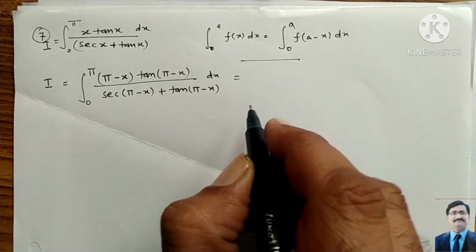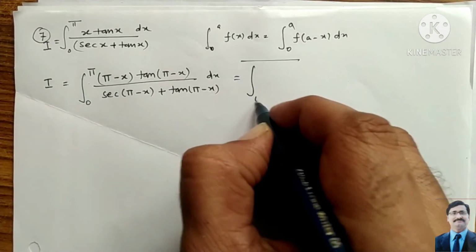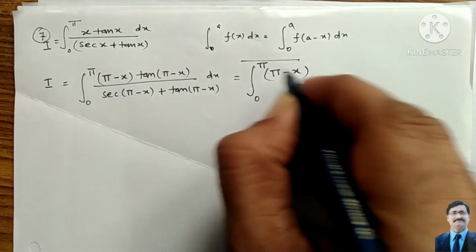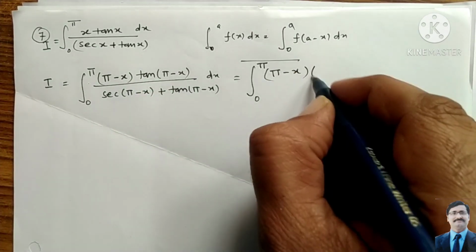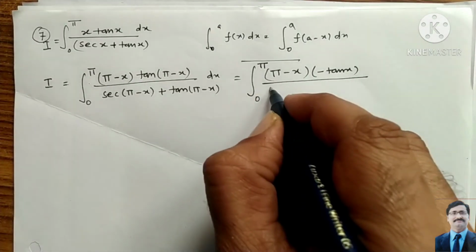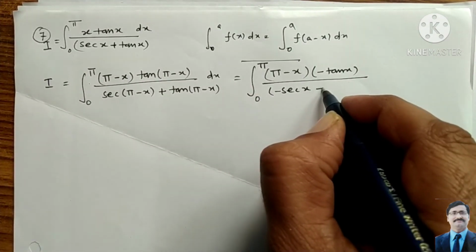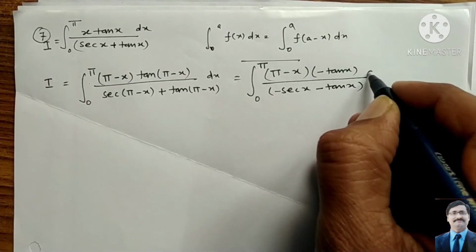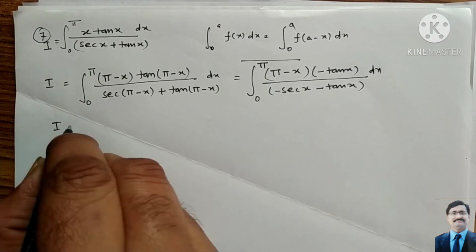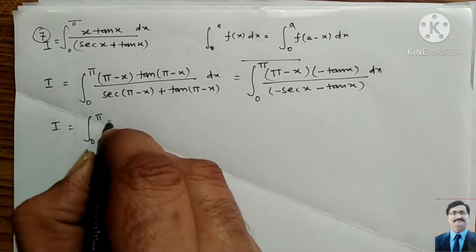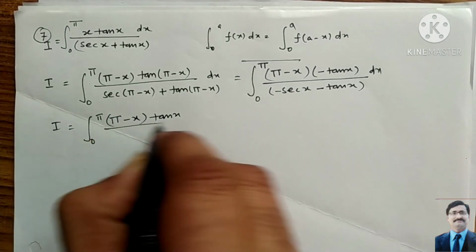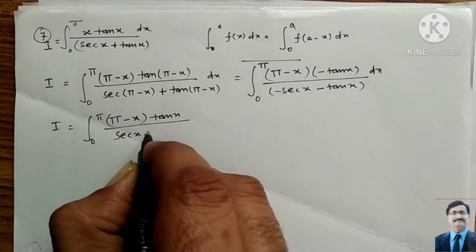Look here, pi minus x is as it is, and tan of pi minus x is minus tan x, and in the denominator we also get minus sec x and minus tan x. If we take minus common and cancel, we get I equal to integral from 0 to pi of pi minus x times tan x upon sec x plus tan x.